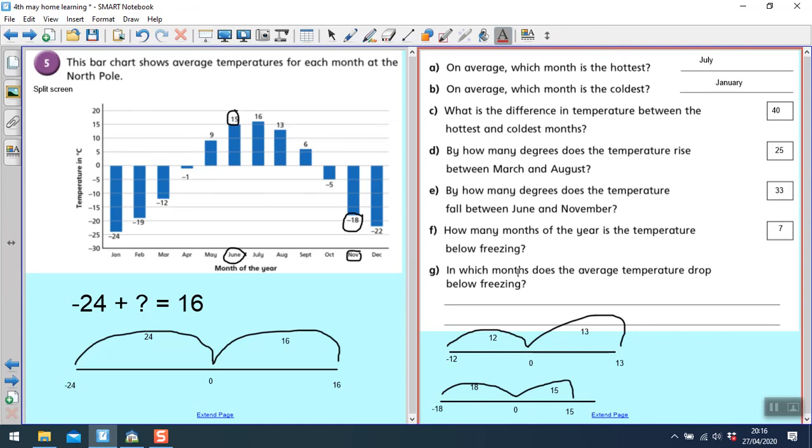In which months does the average temperature drop below freezing? This was how many months is it below freezing. This one is in which months does the temperature drop below freezing. So it's January, February, March, April, October, November and December. Well done if you got that right.